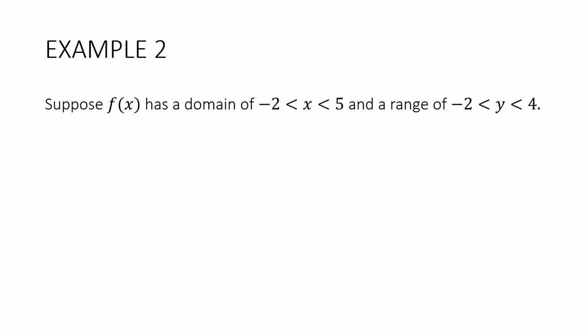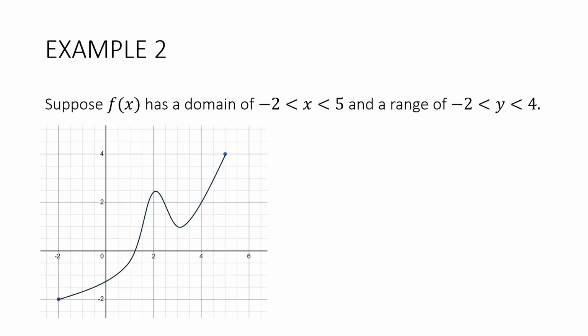Now let's look at a harder example. Suppose f of x has the same domain, -2 < x < 5, but this time it has a range that includes y = 0, the x-axis. Let's draw up a possible curve. We can again look at the extremities.